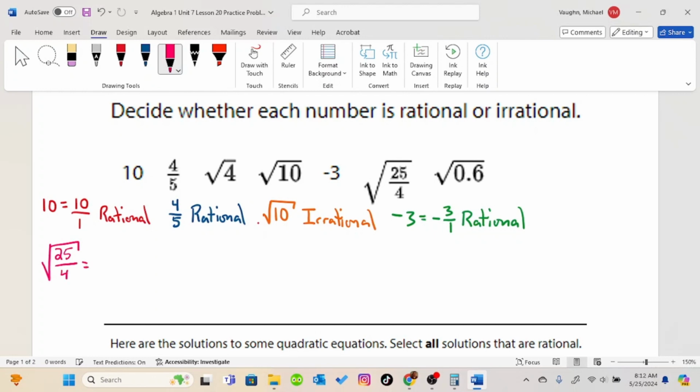Well, the square root of 25 is 5, and the square root of 4 is 2. Since I can write this as plus or minus a whole number fraction, this is a rational number.